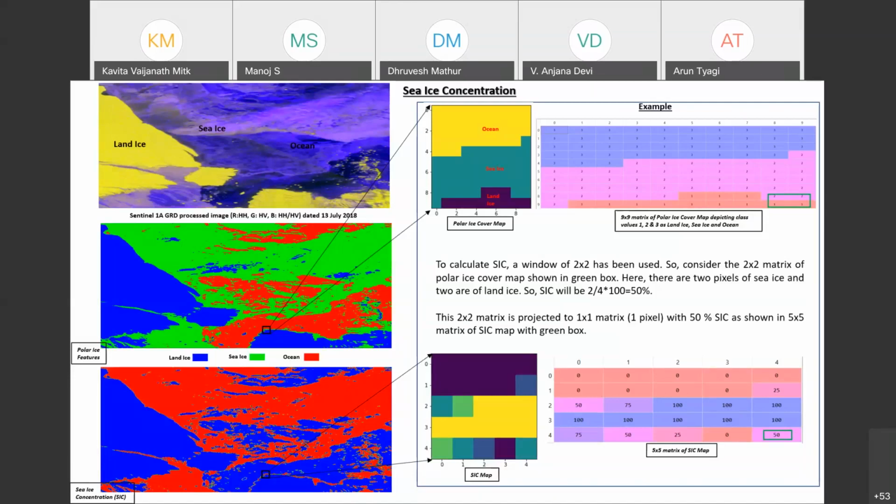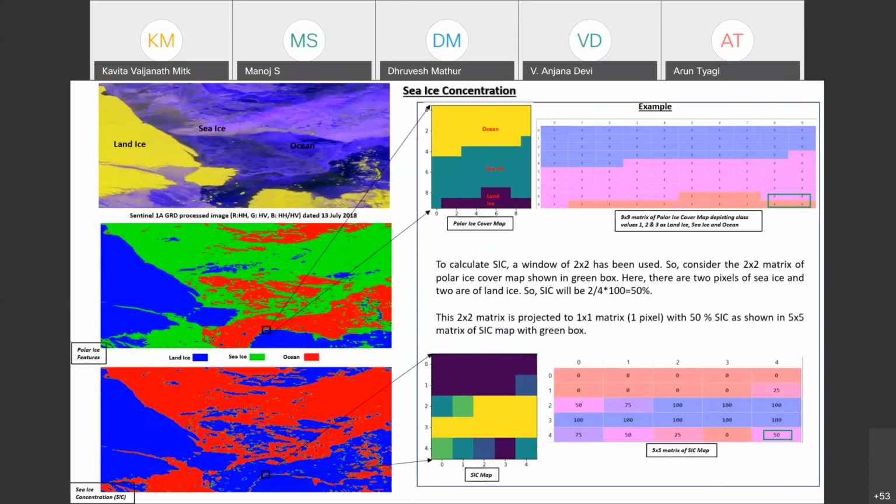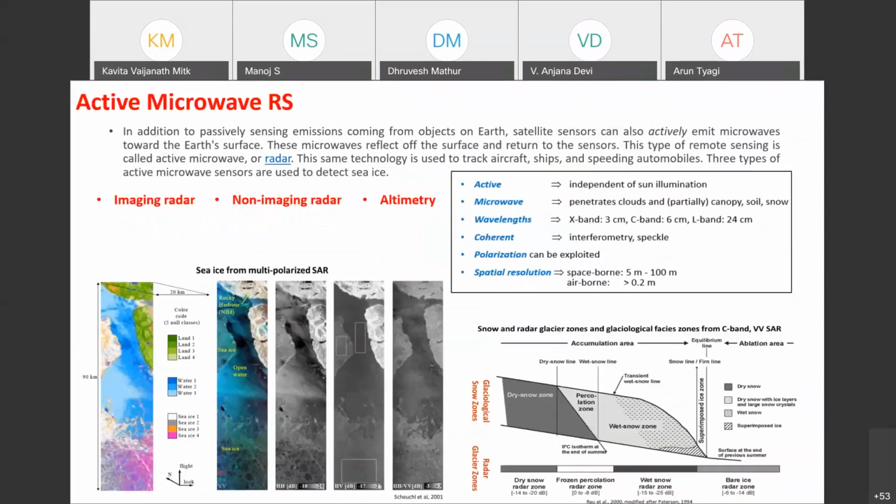Then we have active microwave remote sensing. Basically, satellite sensors can also actively emit microwaves toward the Earth's surface, and we call this active microwave remote sensing, or radar.